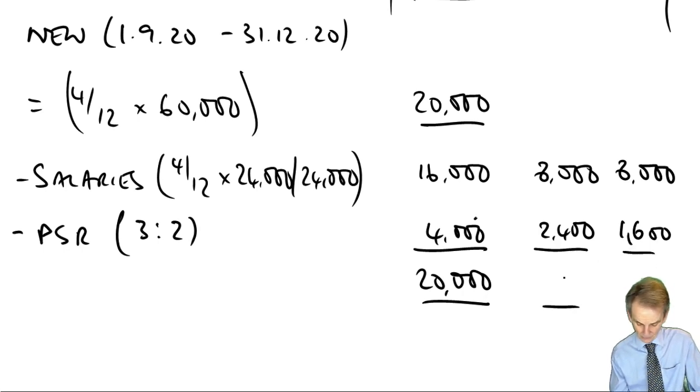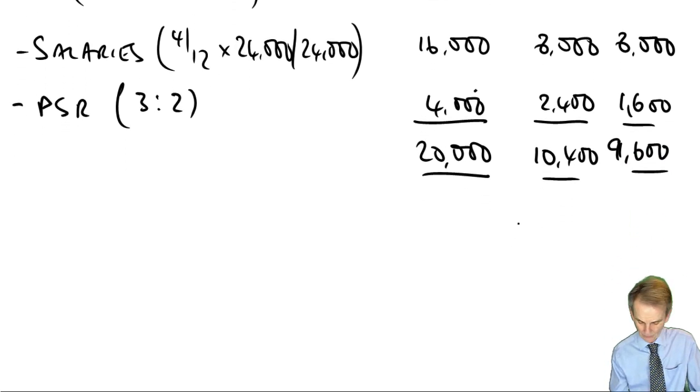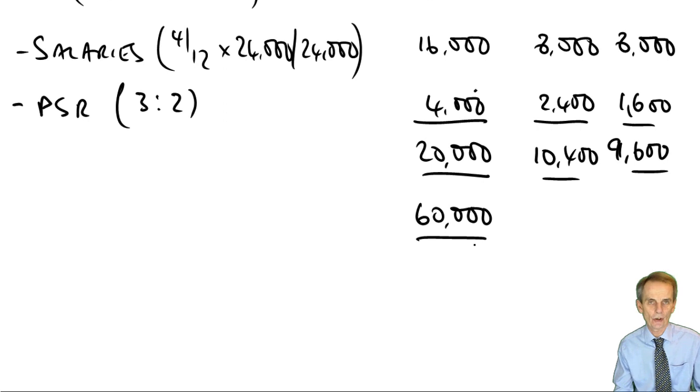That therefore will give us for this period 10,400 and 9,600 respectively.